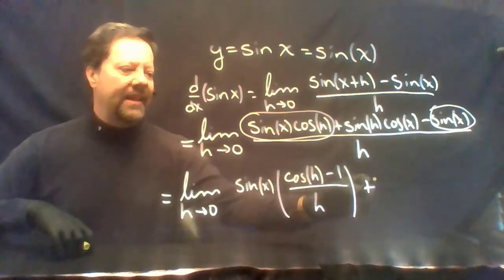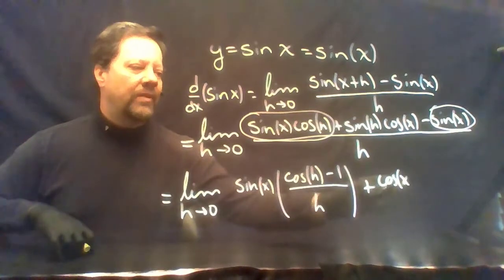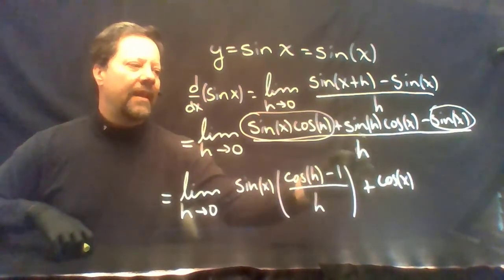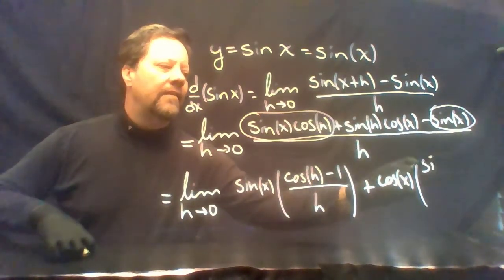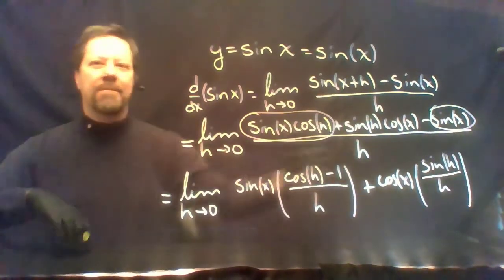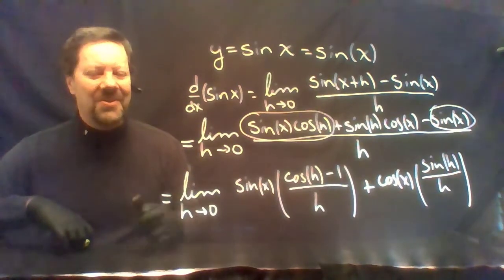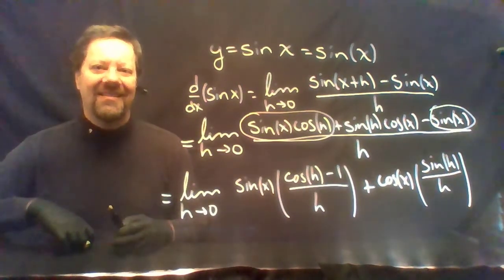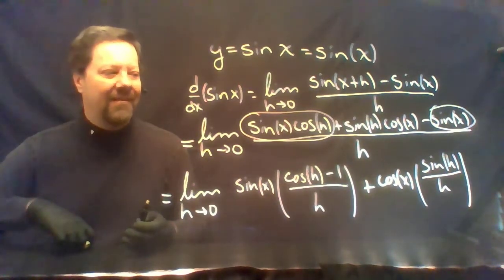In the term that remains, we have a cosine of x, and then sine of h over h. Now we get to use those two limits that I asked you to remember from before.